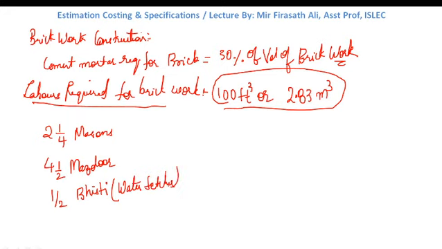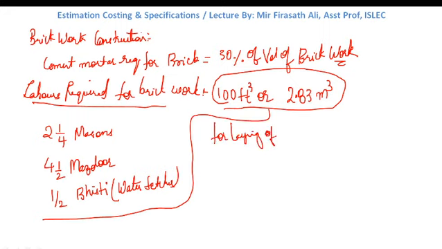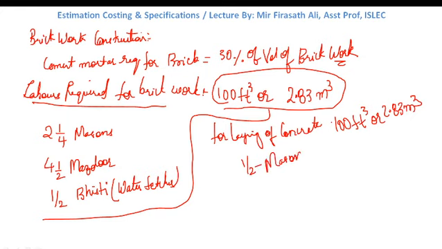Similarly, this data was for laying the brickwork. For laying of concrete, 100 feet cube or 2.83 meter cube, we require about half mason, 3 beldars.